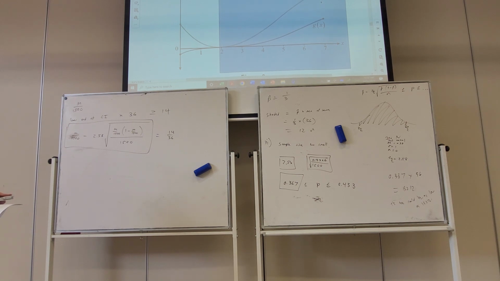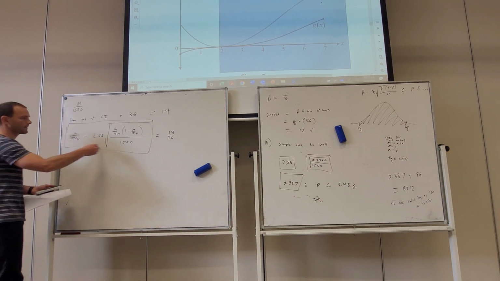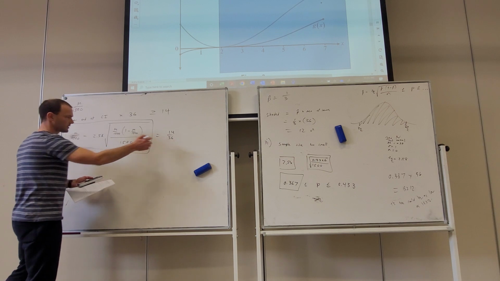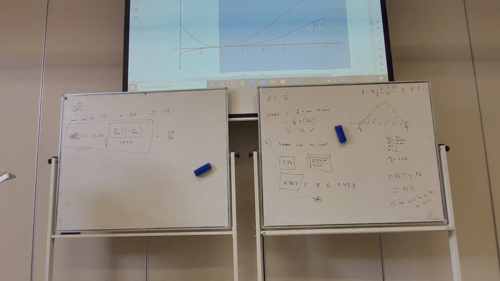So I am going to put it into graph. I'm going to graph this and G-Solve the x value when it equals that. So I've got x on 1500, take 2.58 times the square root of a fraction.